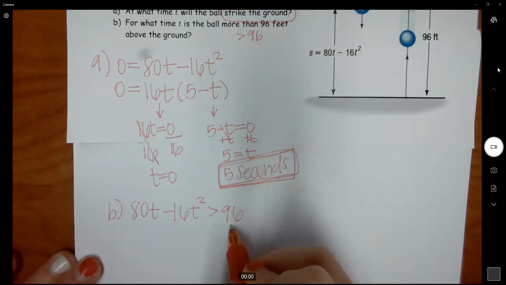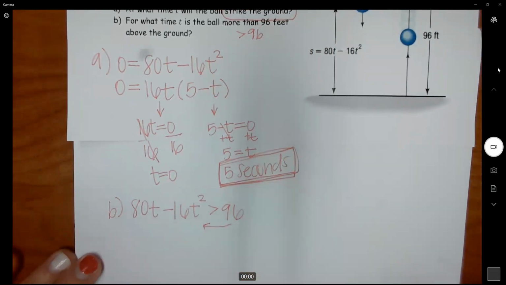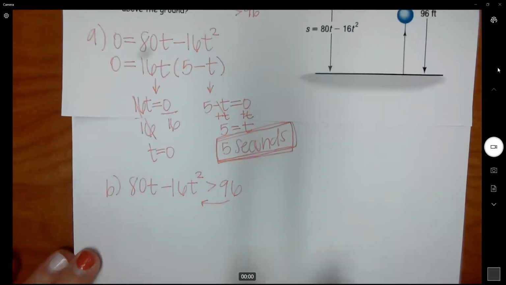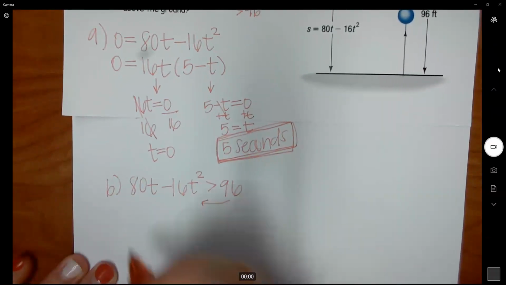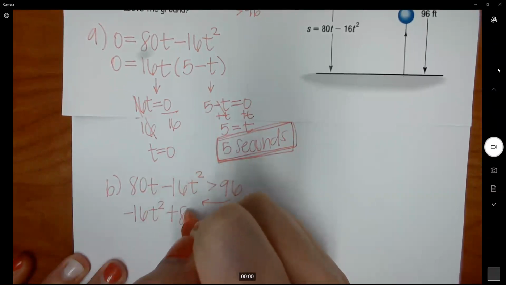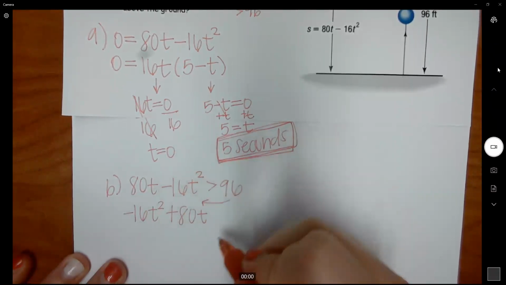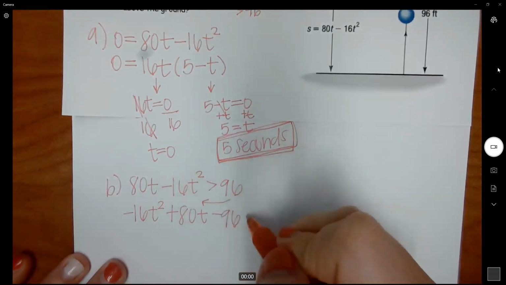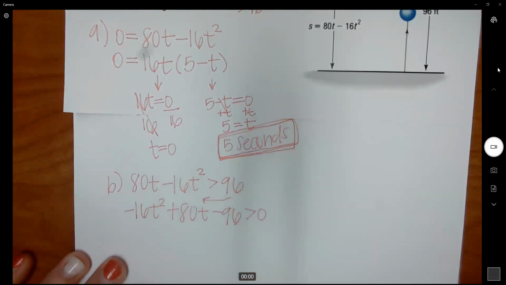I'm going to move this over and I'm going to rearrange these. So I'm going to get negative 16t squared plus 80t, subtract that over, and we get a negative 96. And now it's greater than 0.